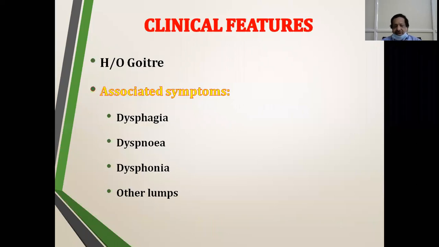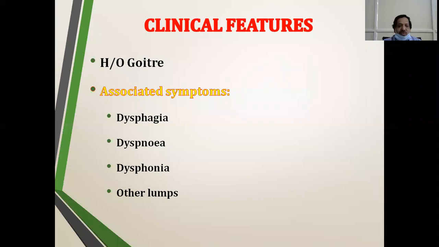When there is a goiter, as we already saw, diffuse enlargement of the thyroid gland, we'll ask for the duration of the complaint, then associated symptoms like dysphagia, that is difficulty in swallowing. Generally, huge goiters produce this. Dyspnea, difficulty in breathing.